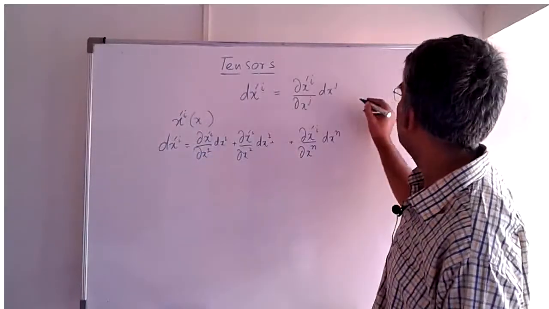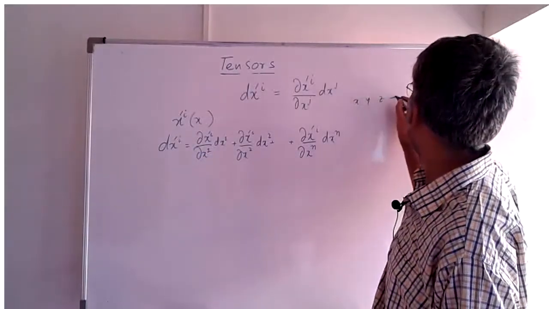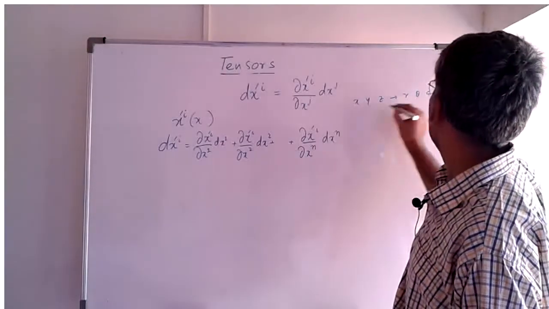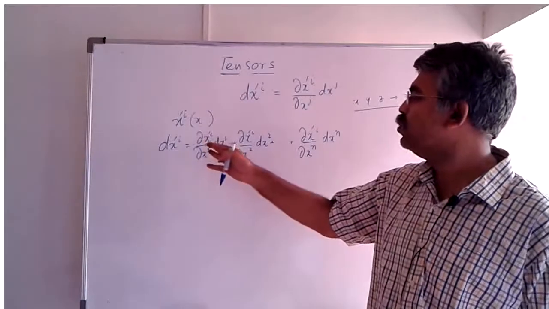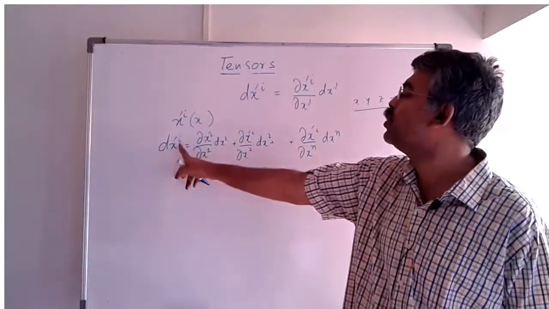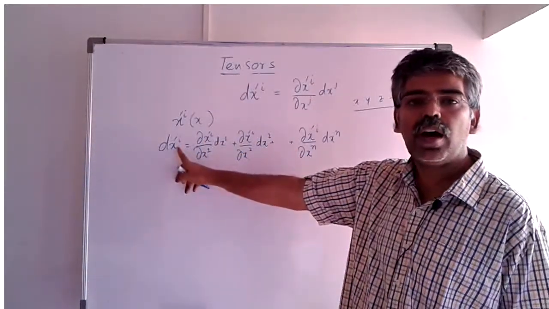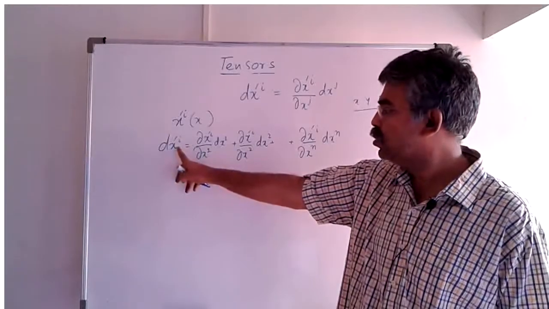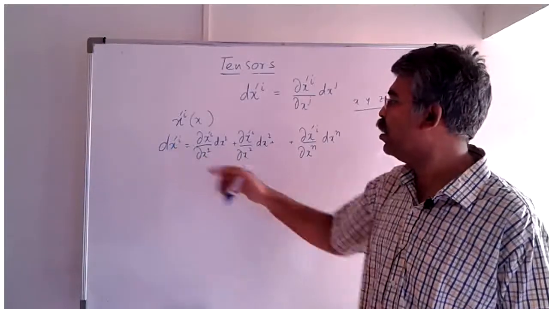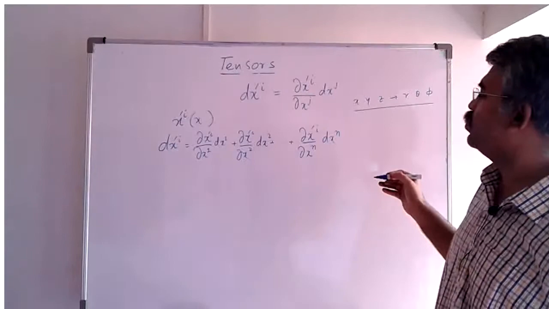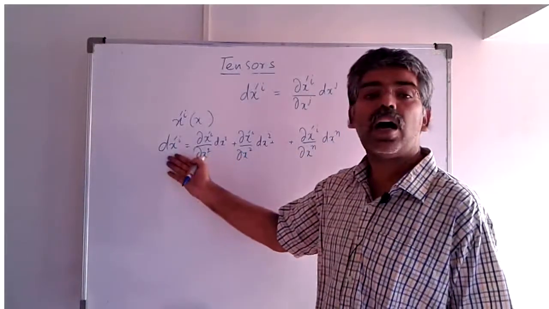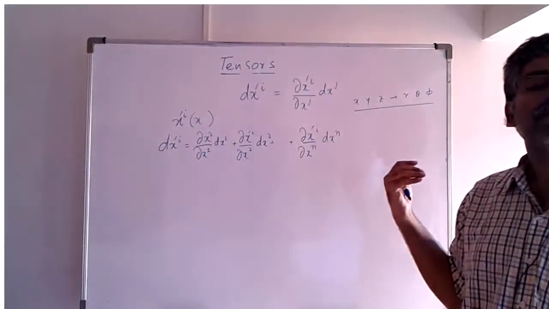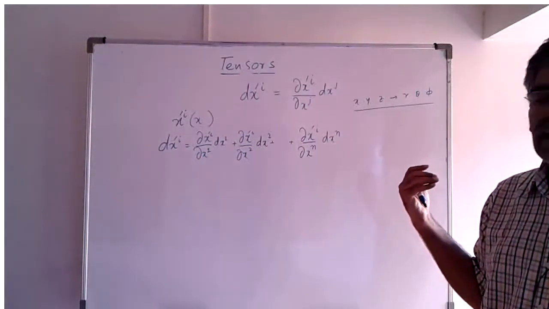Now see, if we are transforming from xyz to r theta phi, then i will be from 1 to n. Suppose you choose r only, you want to get r in terms of x, y and z.